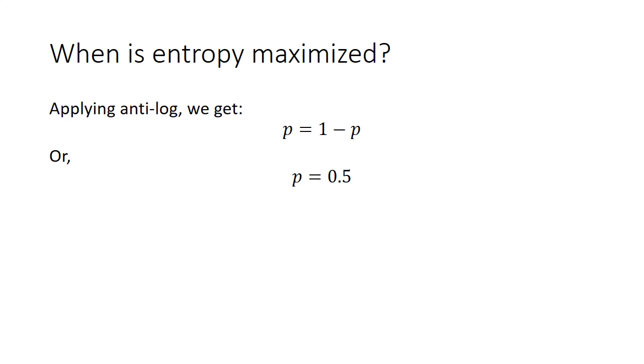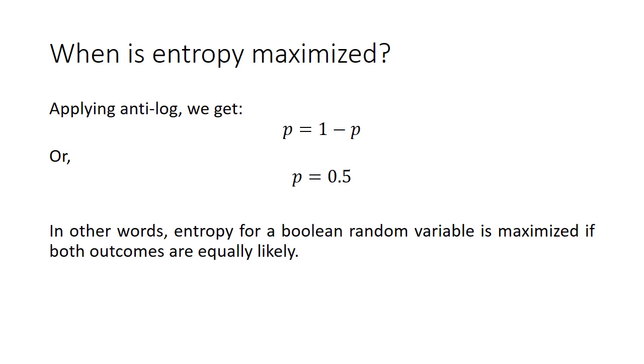Let's not go into more details of that, but suffice it to say that entropy gets maximized at that point. So the entropy for a Boolean random variable is maximized if both outcomes are equally likely, that both outcomes have a probability of 0.5.